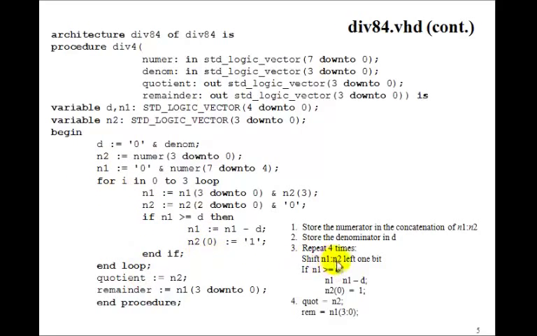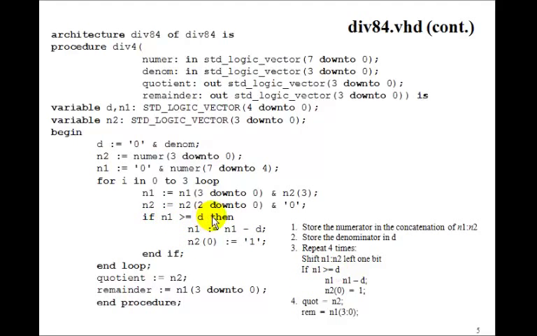And we need to shift n1, n2 left 1 bit. So n2, let's shift this one first. n2 gets n2, 2 down to 0 with a leading 0. And then n1 is going to get n1, 3 down to 0 with the uppermost bit of n2 shifted in. So this will have the effect of shifting n1, n2 left 1 bit. Then we have to see if n1 is greater than or equal to d.